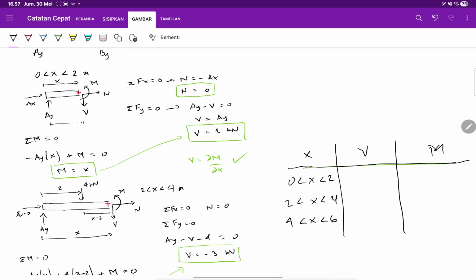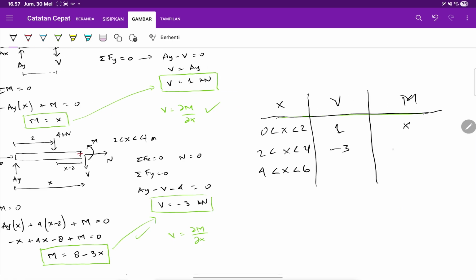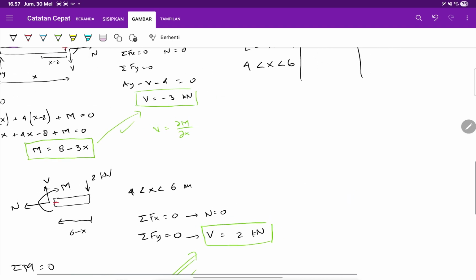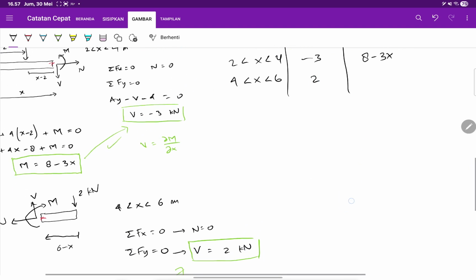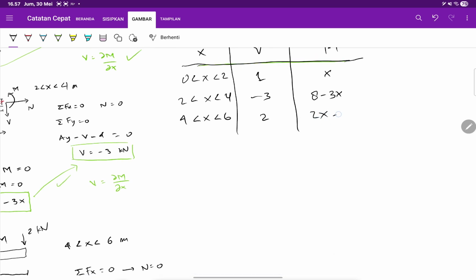For the first one, v is 1 and the moment is x. Then v is minus 3 and the moment is 8 minus 3x. And for the last one, v equals 2 and the moment is 2x minus 12. All right, so let's draw now.